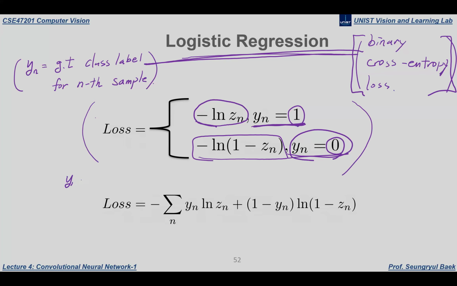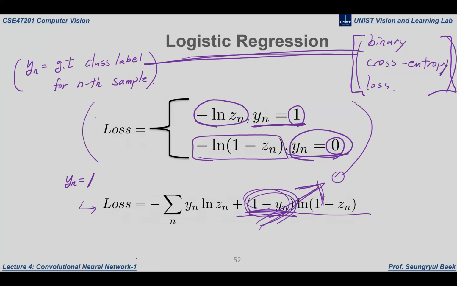So when yn is equal to 1 for this loss, this becomes 0, right? And this term goes to 0, because if yn is 1, then this becomes 0, and multiplication by 0 becomes 0.